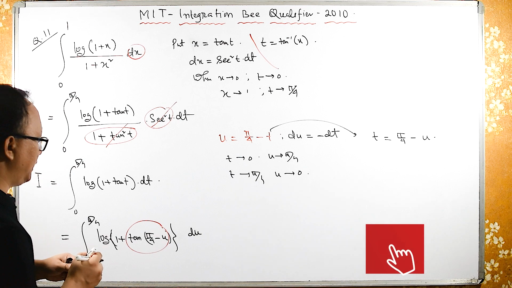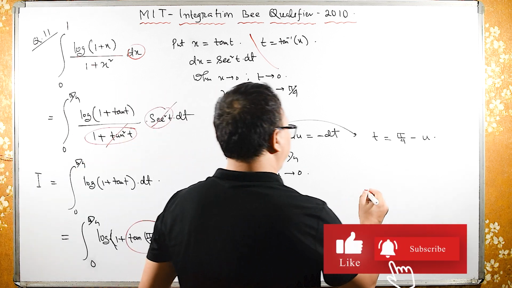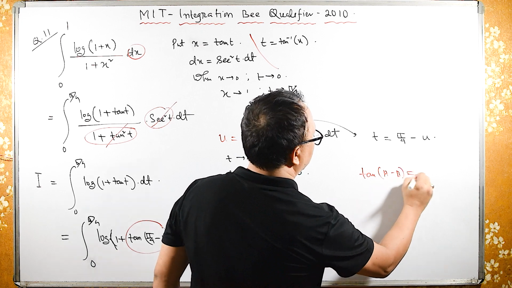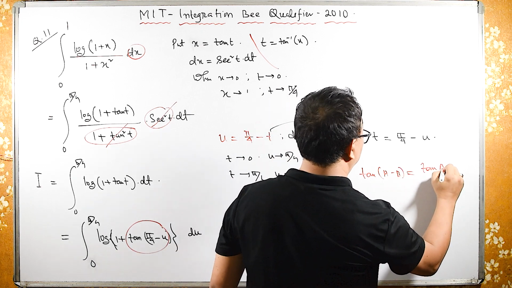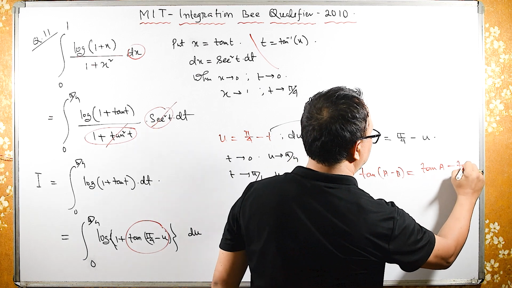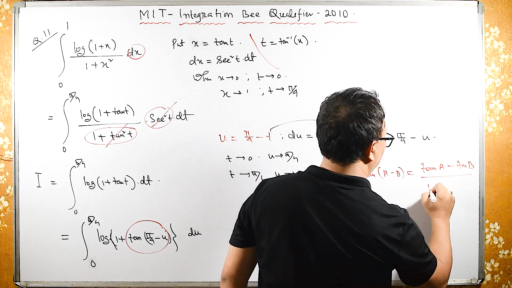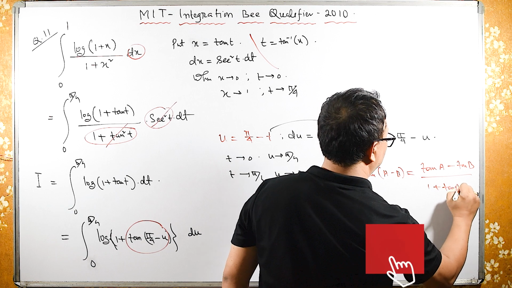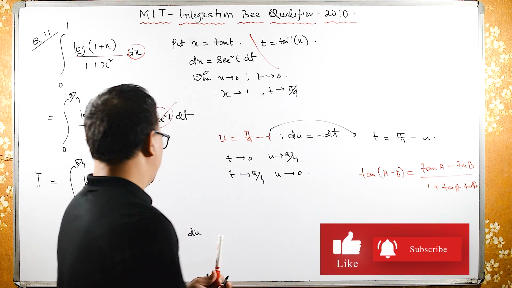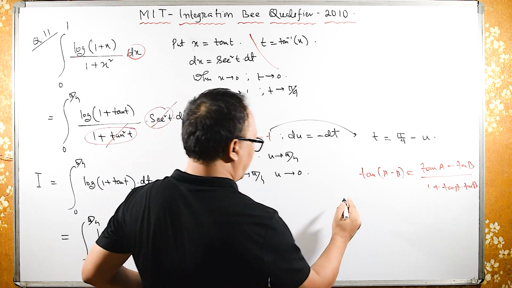Now let's see. We have the formula tan of (a minus b) is the same as (tan a minus tan b) upon (1 plus tan a into tan b). Now let's apply this formula.